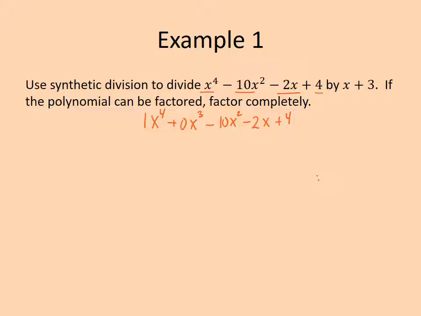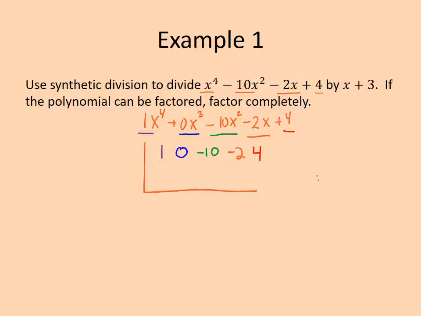When doing synthetic division, you draw an L, and at the top part of the L, you do all the coefficients. So the coefficient for x to the 4th is 1. The coefficient for x cubed is 0. The coefficient for x squared is negative 10. The coefficient for x is negative 2. And the constant is 4.